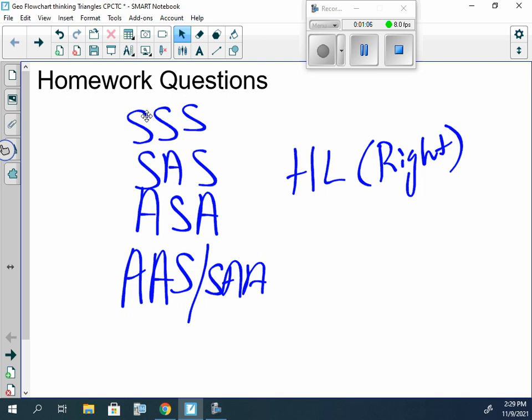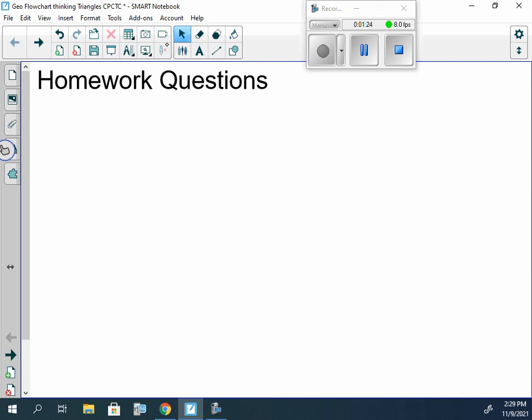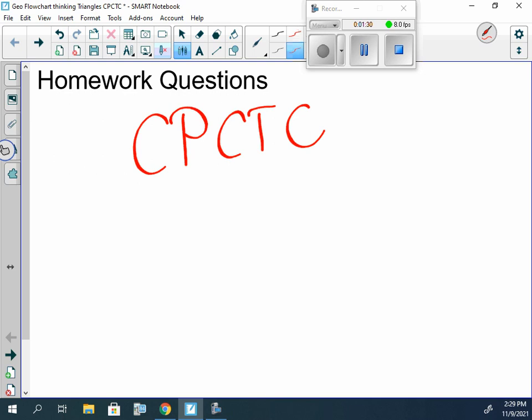Now we did have two ways that did not work, and that was angle, side, side, angle and angle, angle, angle. These are the two ways that didn't work. We went over those, and then what we went over yesterday was CPCTC: corresponding parts of congruent triangles are congruent.